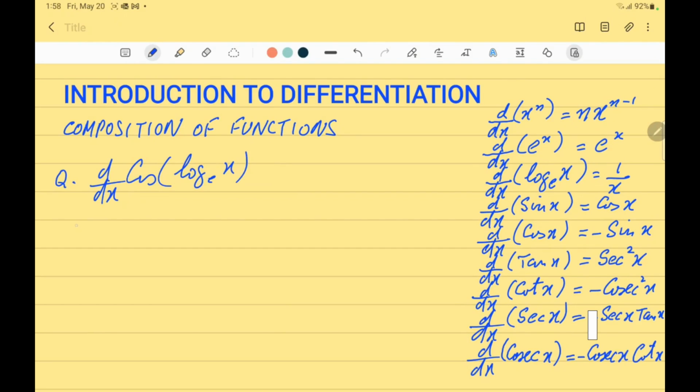Okay, so differential of cos is minus sine, so we will write minus sine of log x, and then we have to differentiate log x as well.